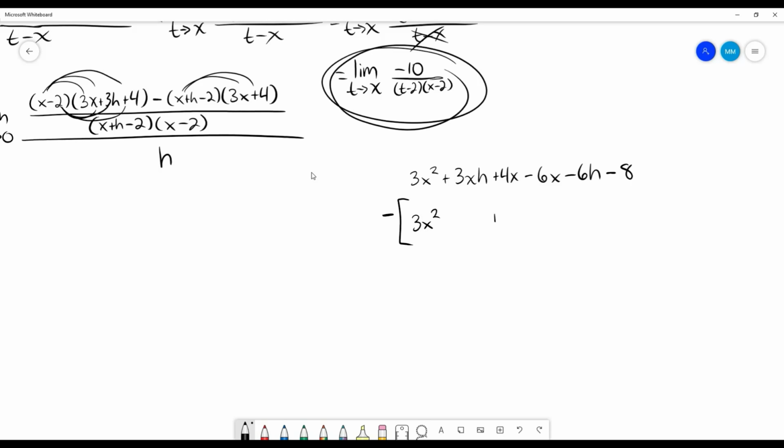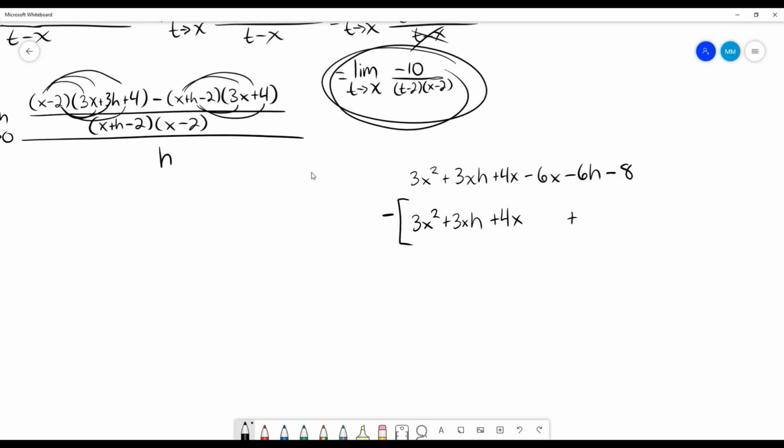I see that I've got plus 4x. I'm going to try to line it up with stuff that I see is going to cancel out, right? Because if I'm subtracting 3x squared, I know these are going to cancel, but we'll get to that in a bit. So I've got my 3x squared plus a 4x, and then I'll do this next bit. So it's plus 3xh is what we just got there, because it's an h times a 3x.